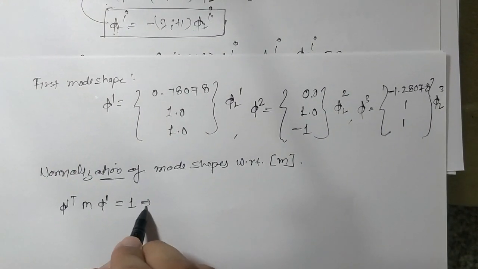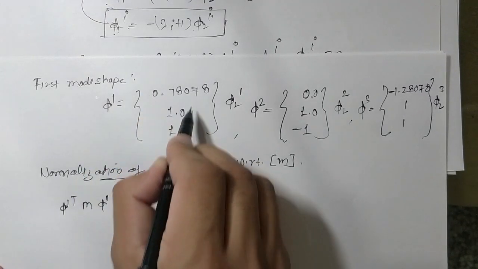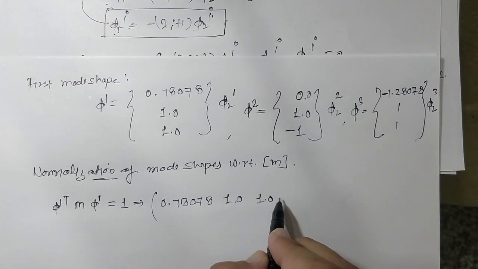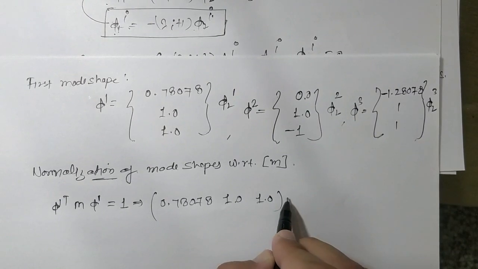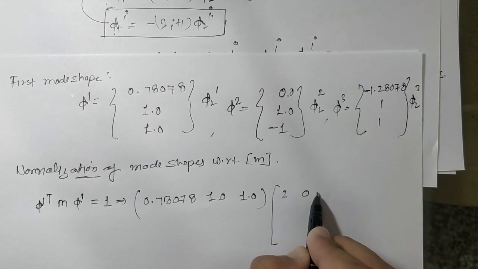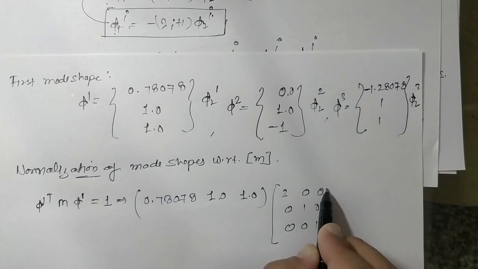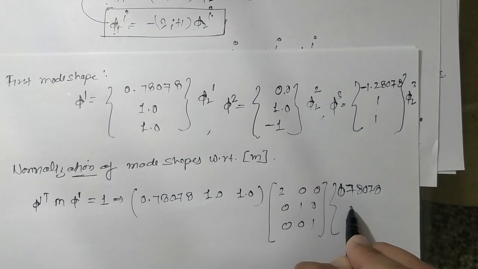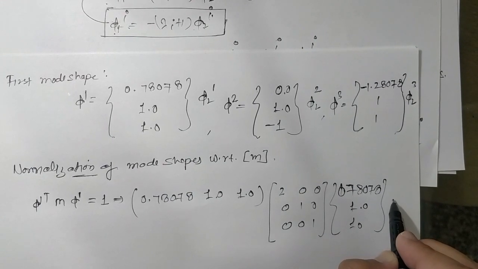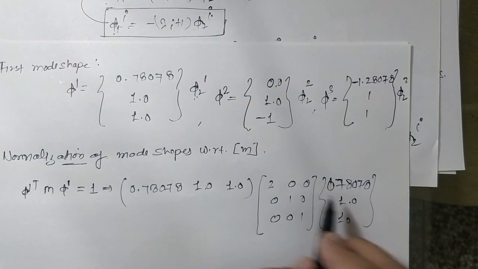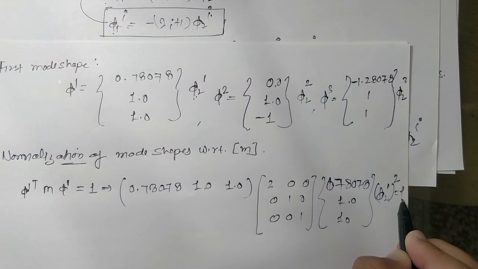So if we put the values, then phi 1 transpose is 0.78078 1 1, and the mass matrix is 2 0 0, 0 1 0, 0 0 1, and this is 0.78078 1 1, and phi 1 square, this is phi 2 1 whole square is equal to 1.